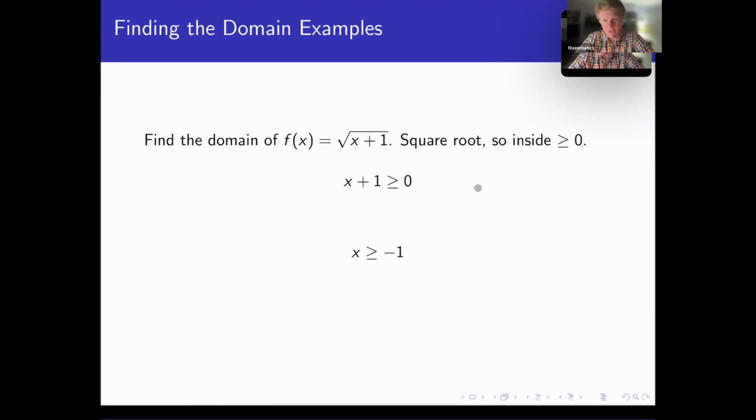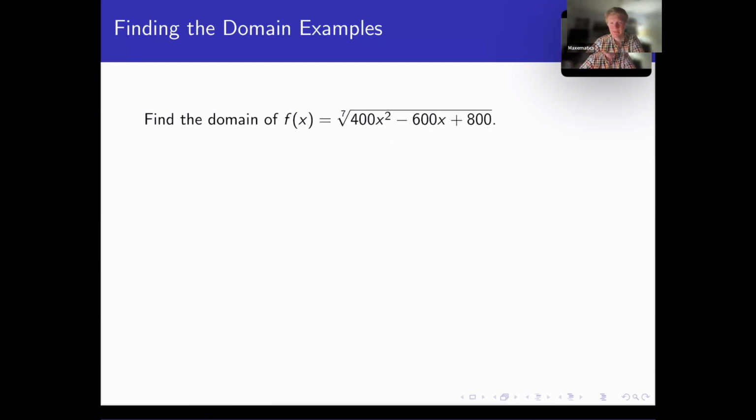Well, subtract 1 on both sides, and wow, haven't we been writing intervals like this since chapter P? This says everything to the right of negative 1 with negative 1 included. That's it. So stuff we were doing in chapter P is coming back. And that's sort of how this works for domain for square roots.